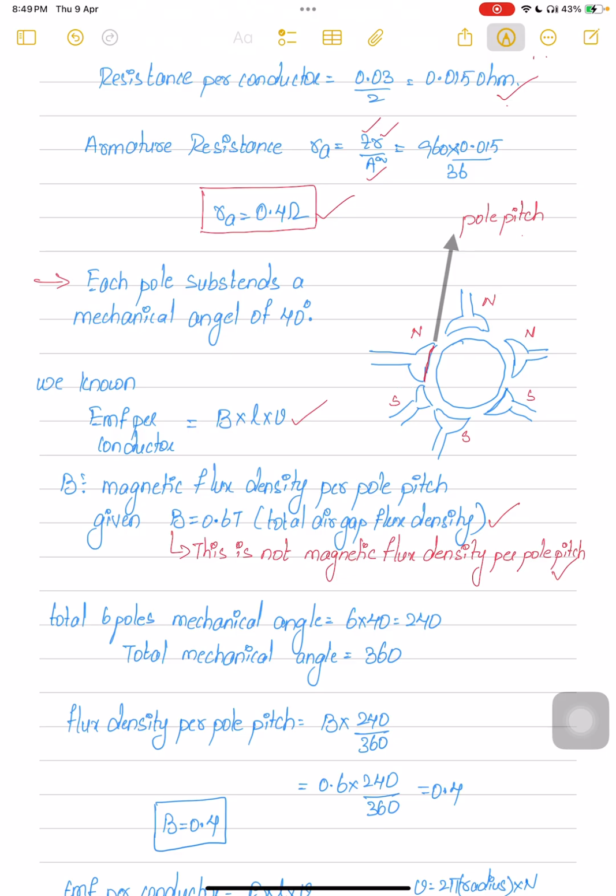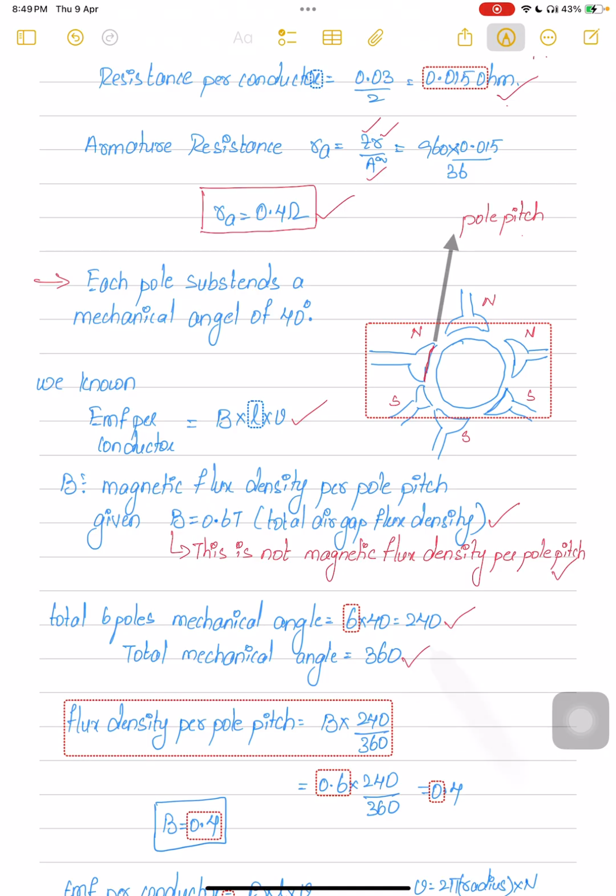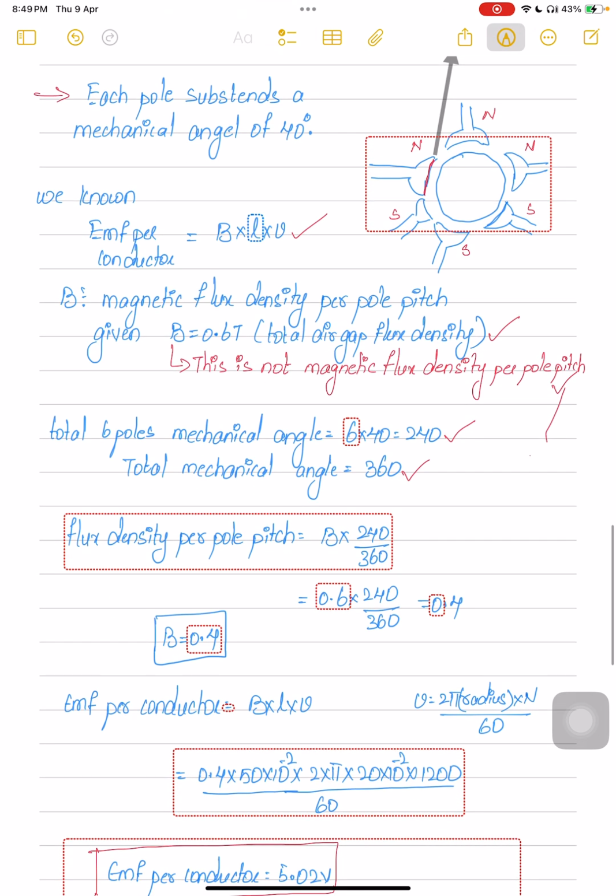Here there are 6 poles, each having a mechanical angle of 40 degrees, so it will be 240 out of a total of 360 degrees. Then the flux density per pole pitch will be B into 240 by 360, which will be 0.4 Tesla.